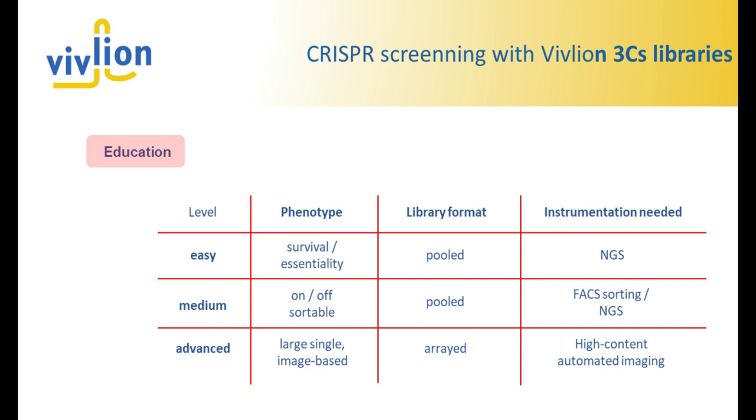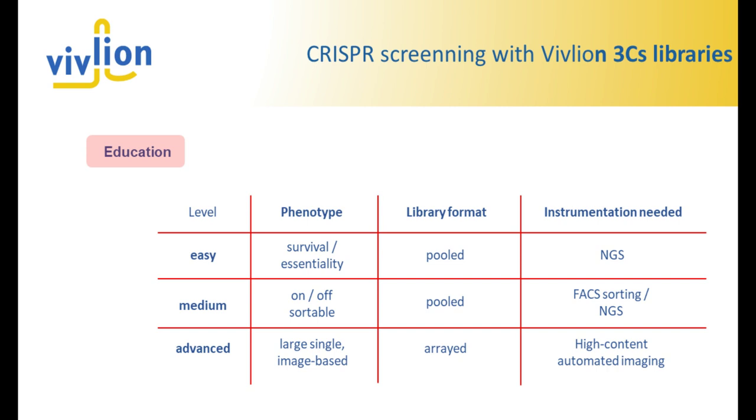And I would just like to walk through this with you real quick. So of course, easy phenotypes are, for example, survival or essentiality, which basically translates into a dropout or an enrichment screen. The library format in this case is mostly pooled, and the instrumentation needed would be next generation sequencing.